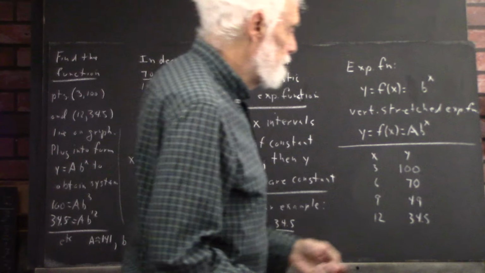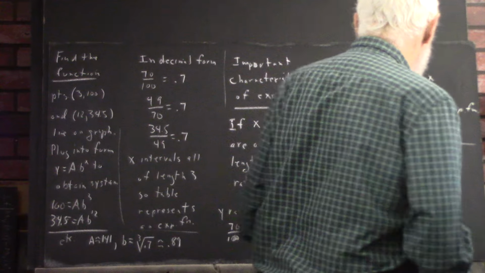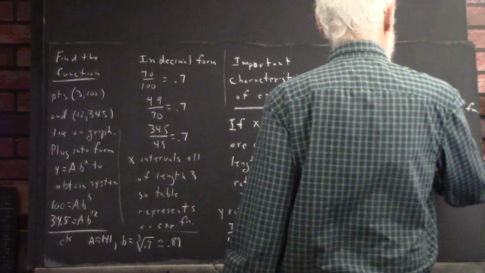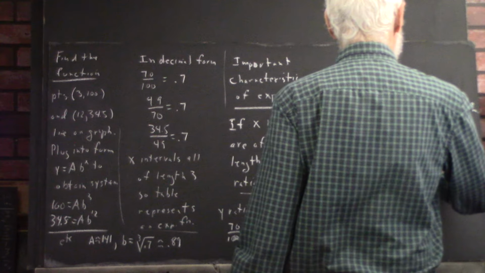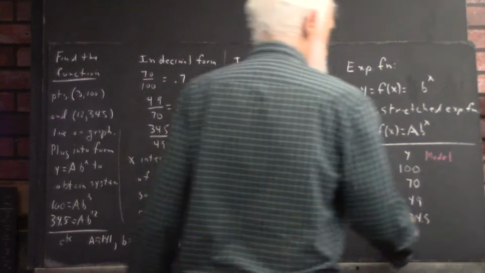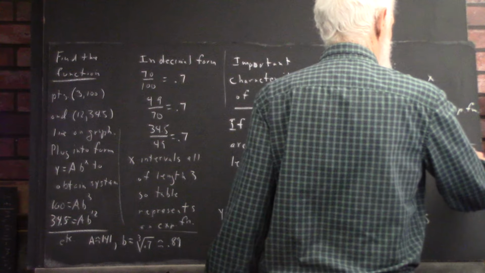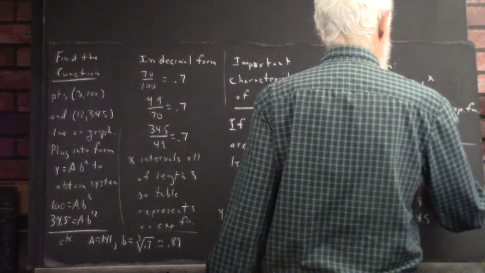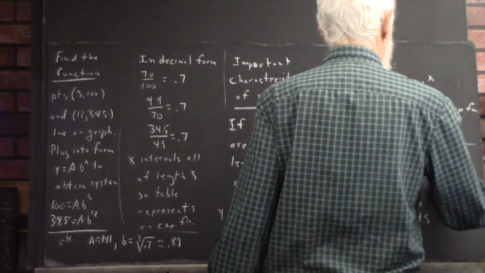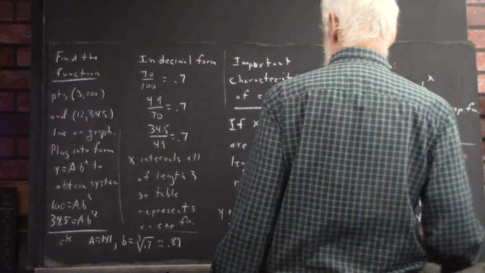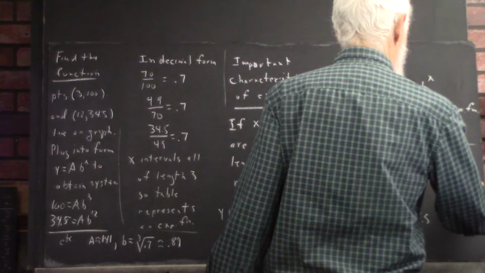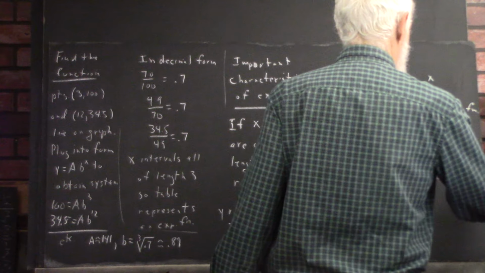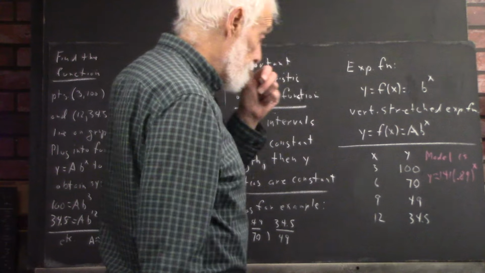So our model for this table is y is approximately 141 times 0.89 to the x.